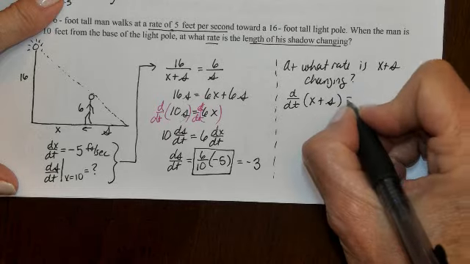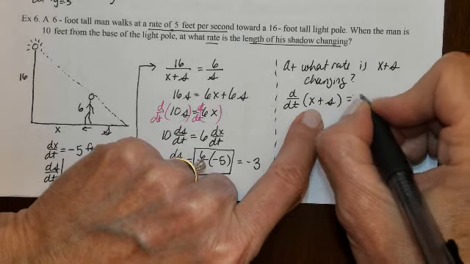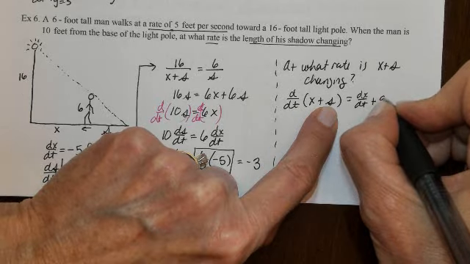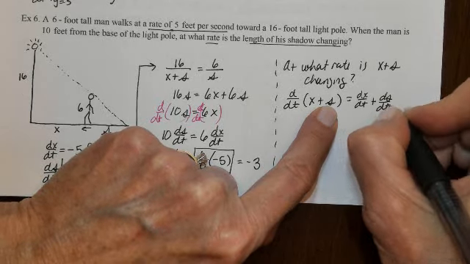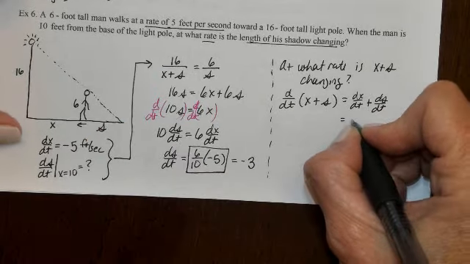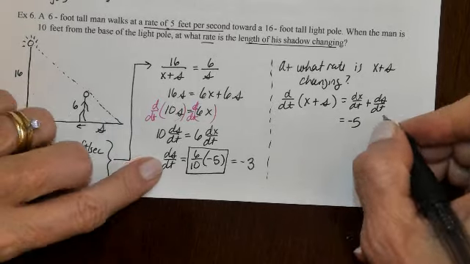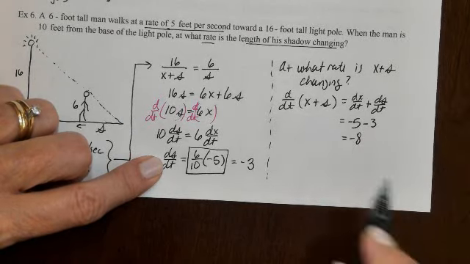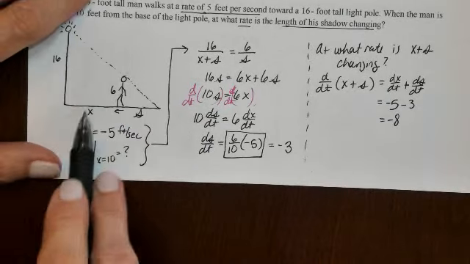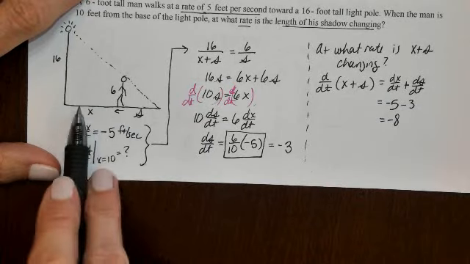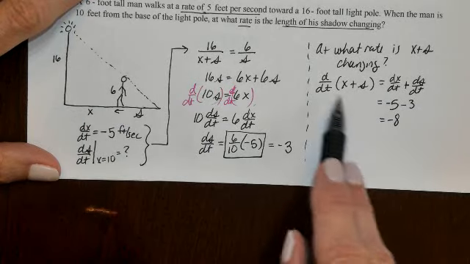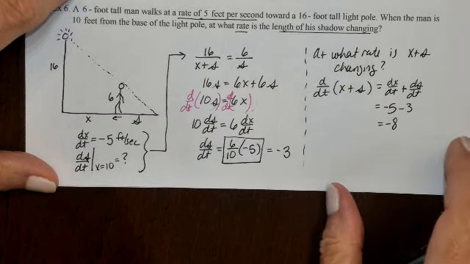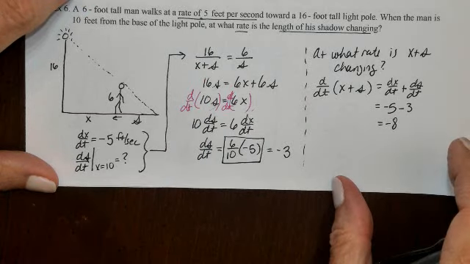Well, that derivative is 1 dx/dt plus 1 ds/dt. And now we know that dx/dt was negative 5, ds/dt is negative 3. So this entire length is changing at negative 8 feet per second.